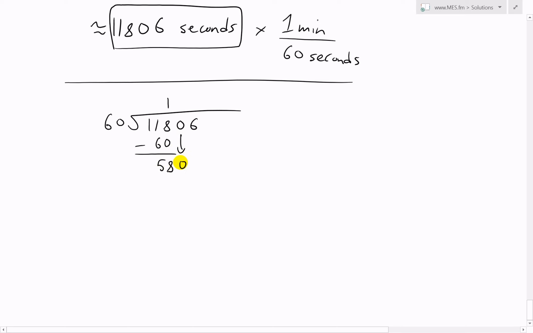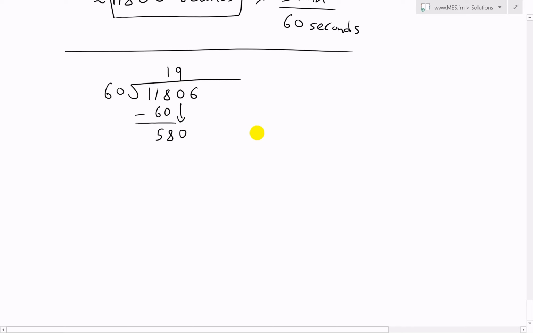Carry the 0 here. Remember, 60 times 10 is 600. So the next closest is a 9. So this goes in 9 times. So 9 times 6 is 54, so 540. And then the difference here is 40. And then carry the 6 here. So we have that.